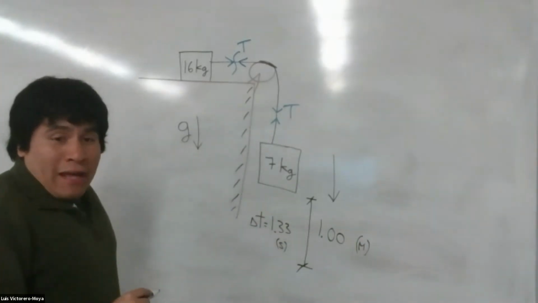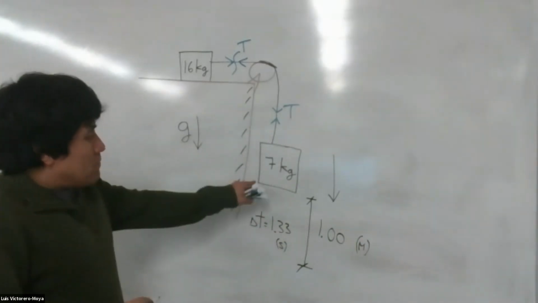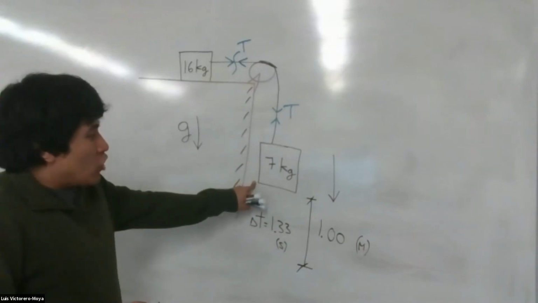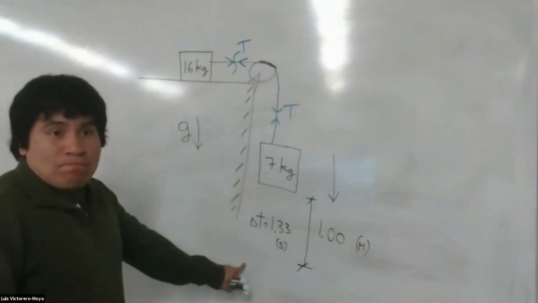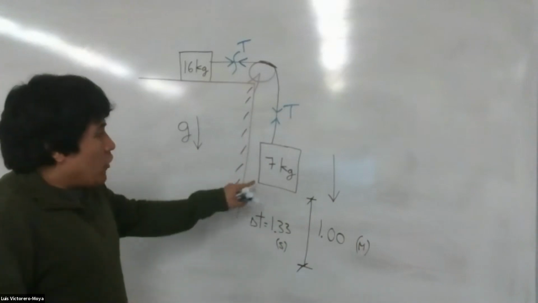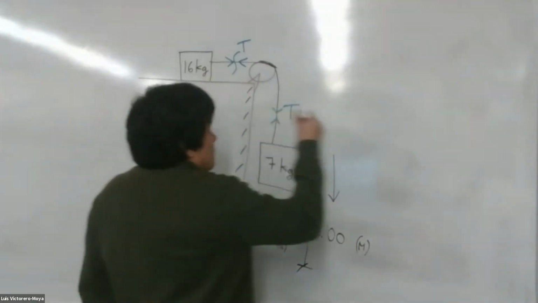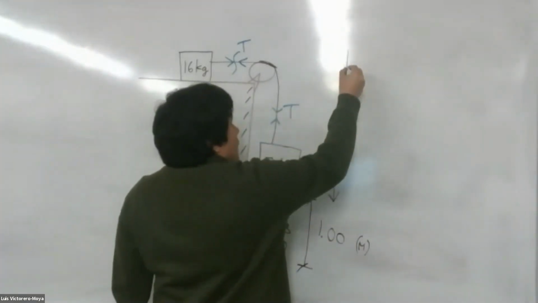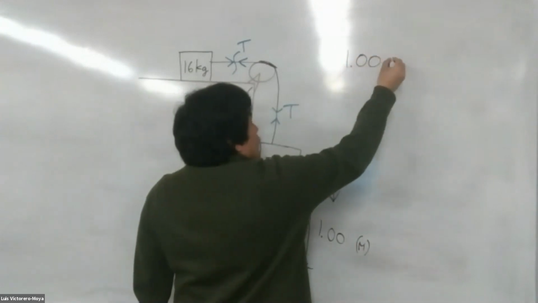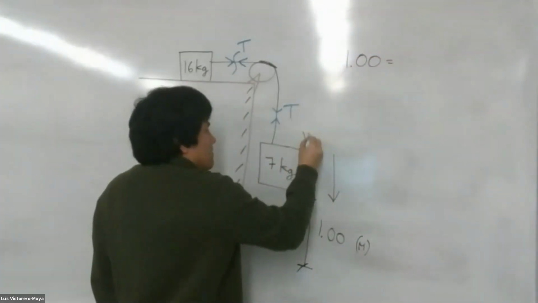We have to use kinematics because this mass is not falling due to gravity only. It's falling due to the acceleration of the system. So 1 meter, it starts from rest.